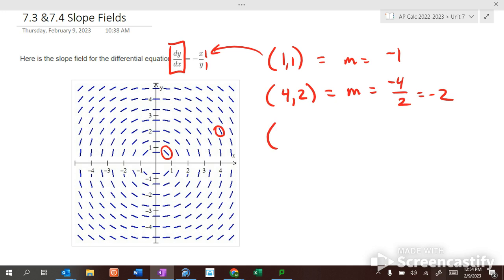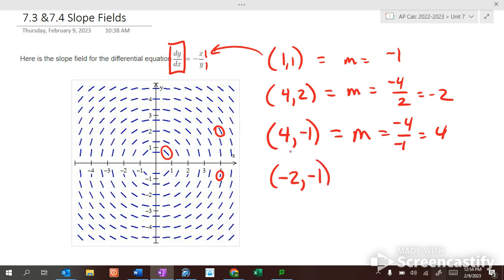How about we're at (4, -1)? At (4, -1), the slope should be negative 4 over negative 1, which is a positive 4, almost straight up and down, which looks like that. Positive slope. Let's go to (-2, -1).